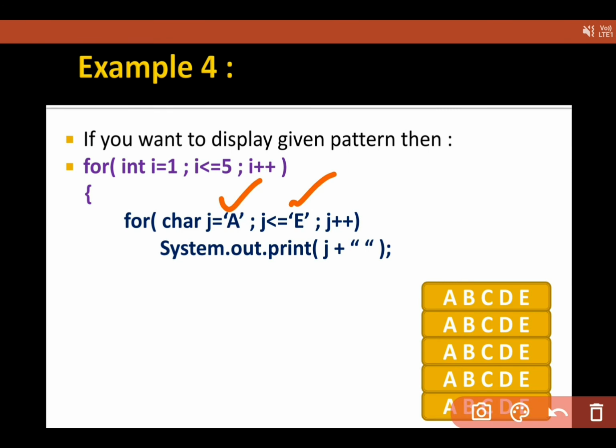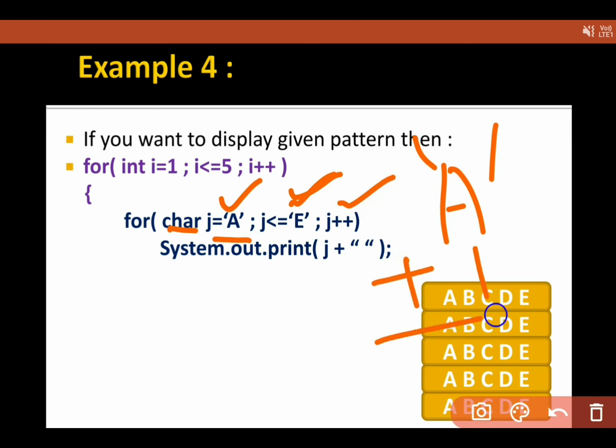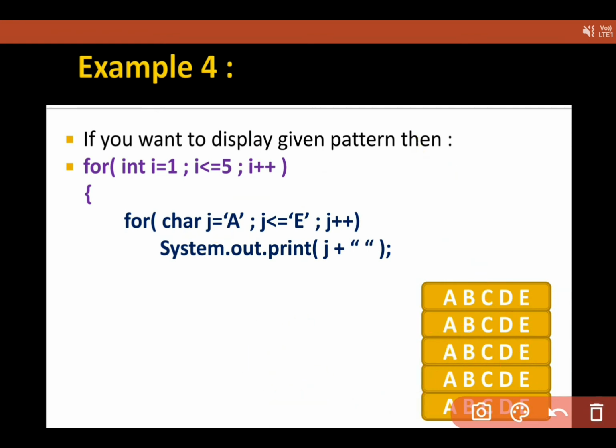I want to use a character which contains single quotes, that is 'A', till 'E', and A will increase. The ASCII code will be increased by 1. Means A will be increased by 1, means 65 plus 1 becomes 66, and 66 is capital B. In this way, the value will increase.